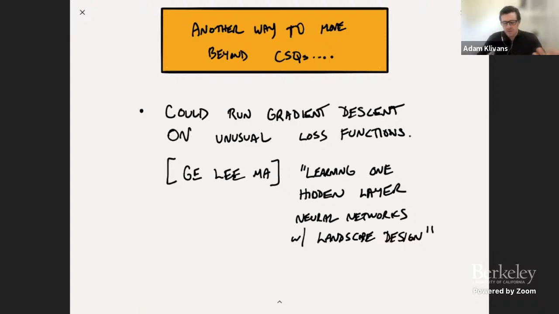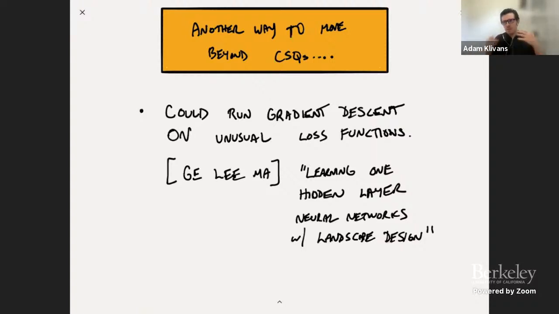Now, there's another way that we could move beyond the CSQ model, and that is we could run gradient descent on some very strange loss function. So the CSQ lower bounds hold if you're running gradient descent on your usual loss functions like square loss or logistic loss.